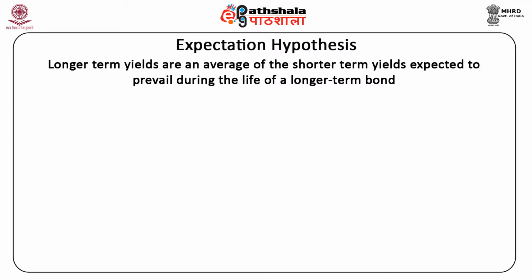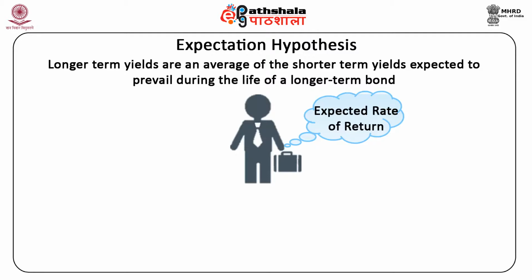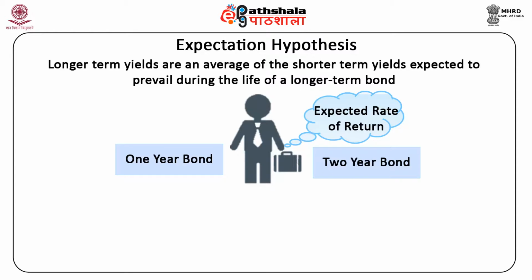This hypothesis is based on the assumption that investors are concerned only about expected return from asset. If investors have option to choose from a 1-year bond and a 2-year bond, the decision would be based on the expected return from each type of asset after a year.